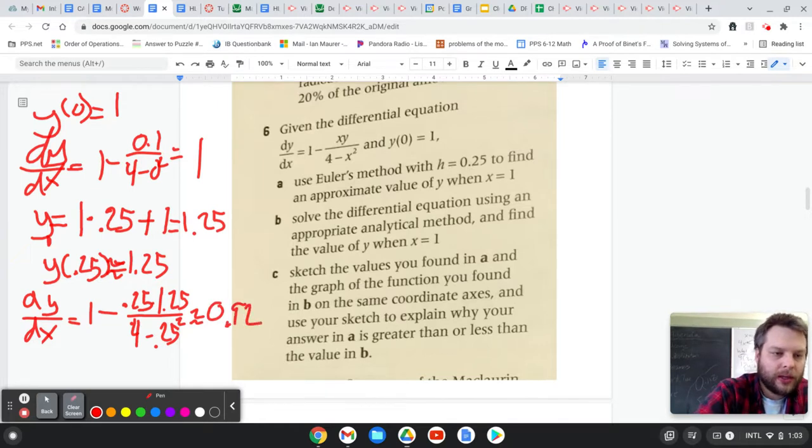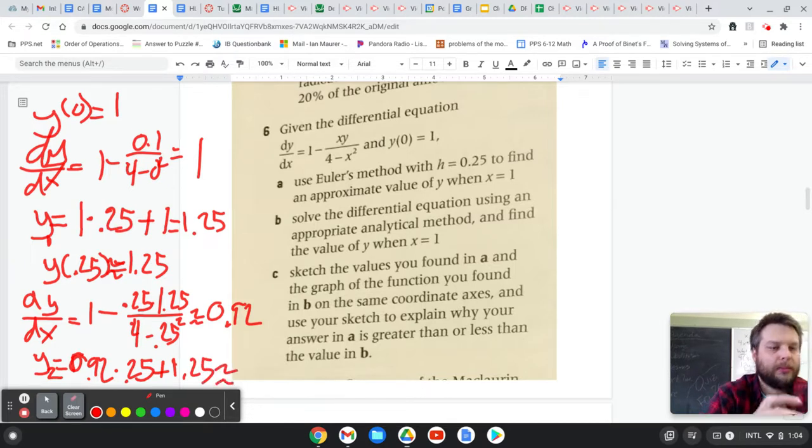0.92. So my next approximation for the y value is 0.92 times my step, my h, 0.25, plus my previous y value, 1.25. And that's going to be approximately 1.48.